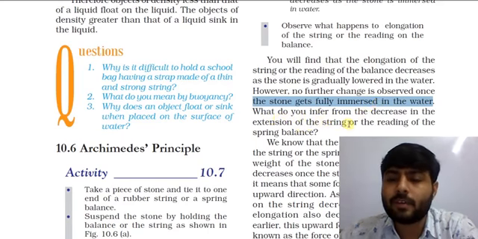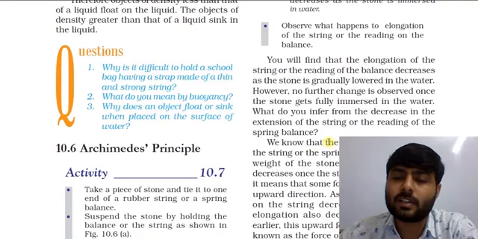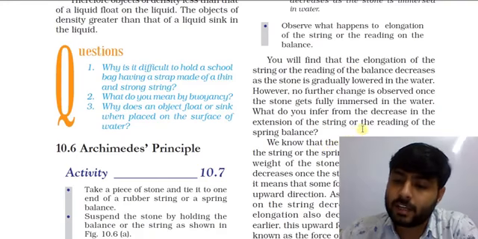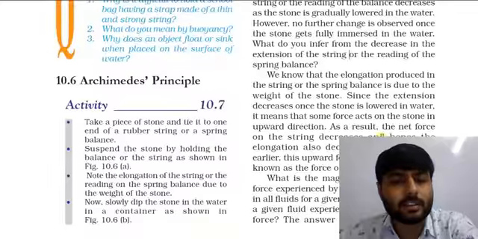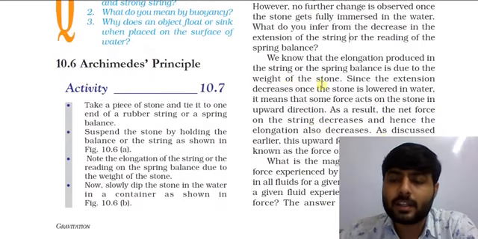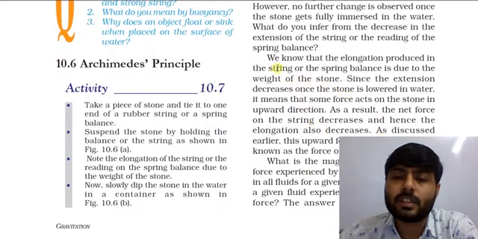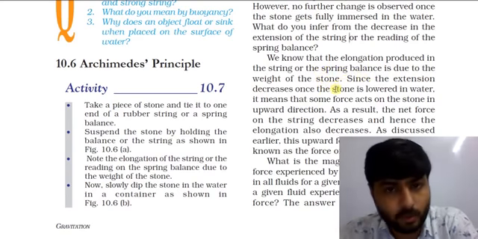What do you infer from the decrease in the extension of the string or the reading of the spring balance? We know that the elongation produced in the string or spring balance is due to the weight of the stone.